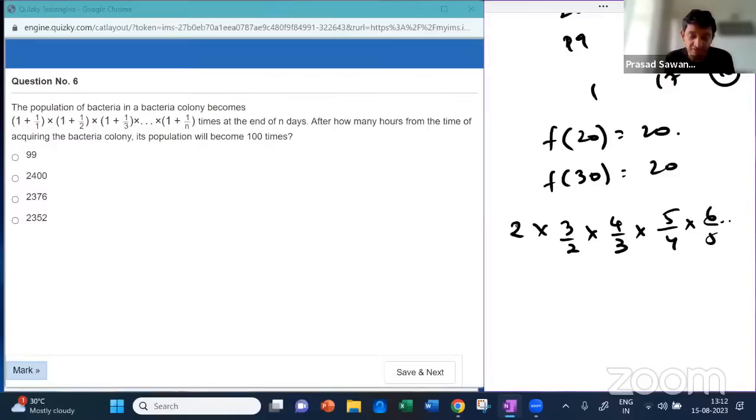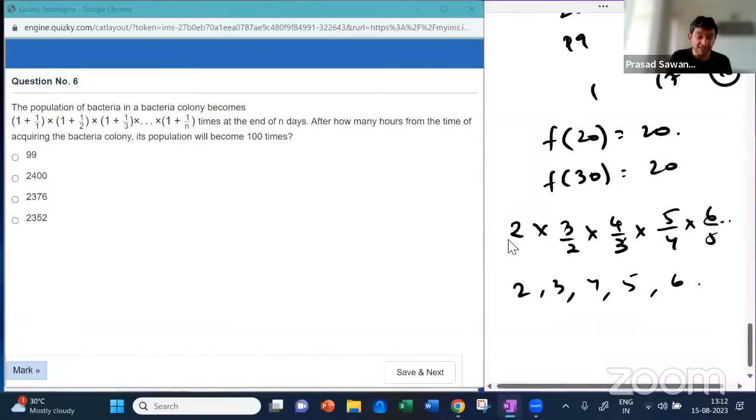So after 1 hour, it will become twice. After 2 hours, it will become thrice. After 3 hours, it would have become 4 times. After 4 hours, 5 times. After 5 hours, 6 times. After 99 hours, it would have become 100 times.